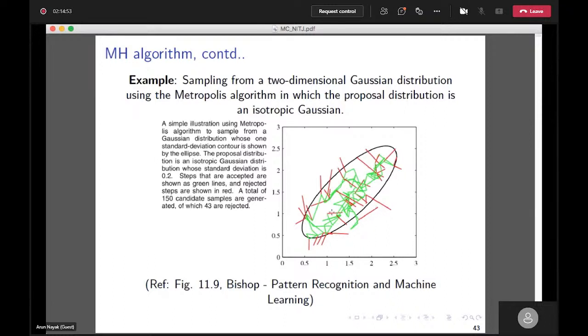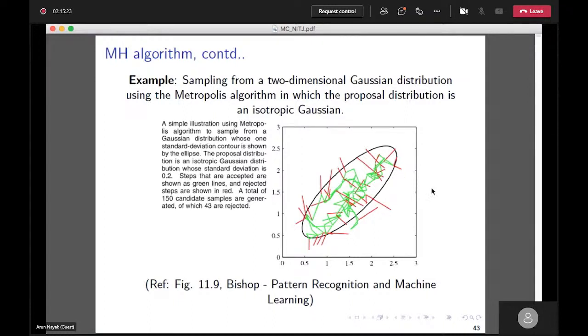You can see that the acceptance is more inside this 1 sigma contour, while rejection is more outside the 1 sigma contour, but you will have some acceptance also outside. In this case a total of 150 candidate samples are generated, from which 43 candidates are rejected. Okay, so this is an example.